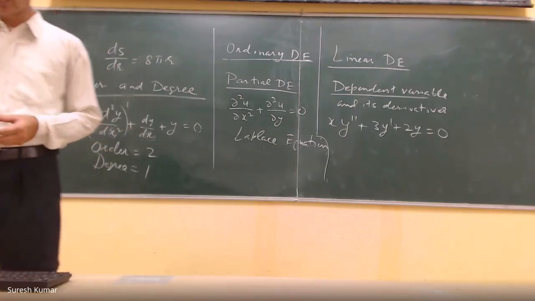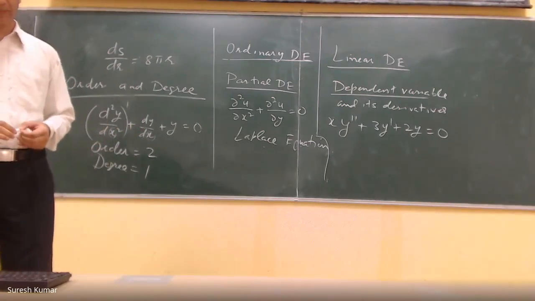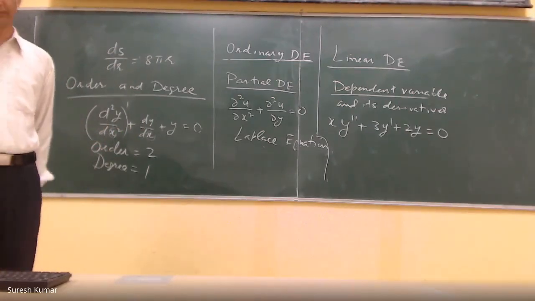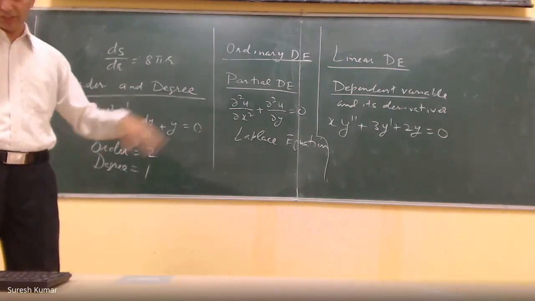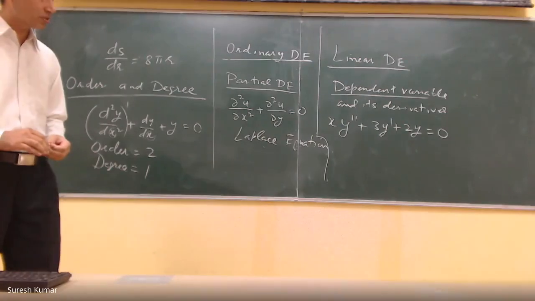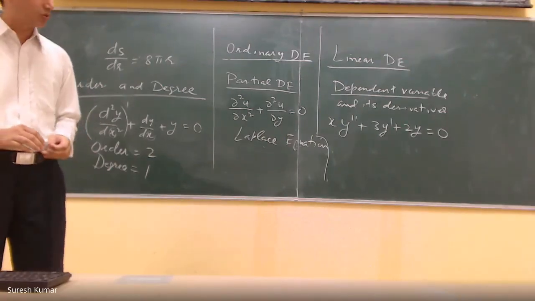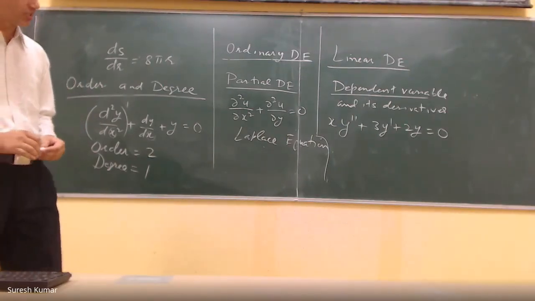You can type your answer. Is it a linear differential equation? x y double prime plus 3y prime plus 2y equal to 0. Yes.